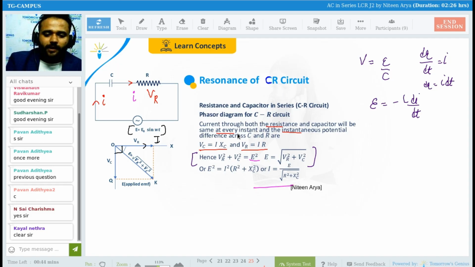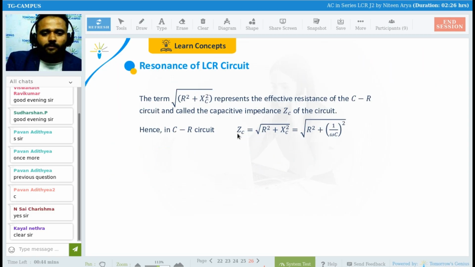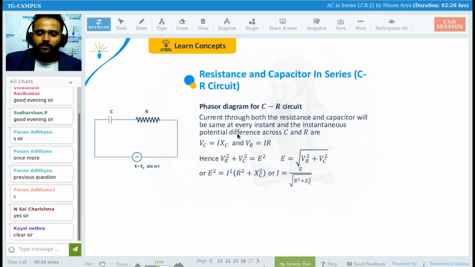Now the term under root R square plus XC square represents the effective resistance of the RC circuit, called the capacitive impedance. Hence the RC circuit has a capacitive impedance ZC, which is under root R square plus XC square, and XC is nothing but 1 upon omega C.